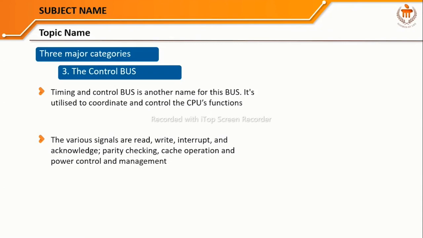The various signals are read, write, interrupt, acknowledge, parity checking, cache operation, and power control management, all done by the control buses. It is also part of how to write, how to read, and how interruption is called during working, because the CPU is a central processing unit.